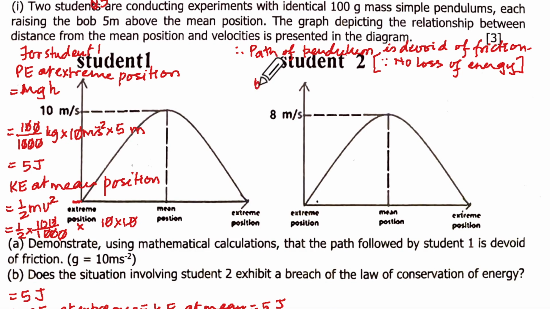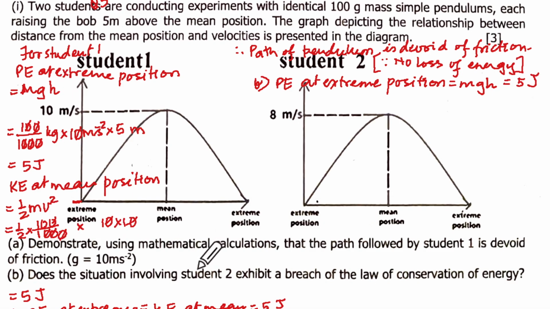Now your B part will again have the potential energy at extreme position equal to mgh, because both of them are going to 5 meter. So it is going to be 5 joules, as you have seen in the earlier part.